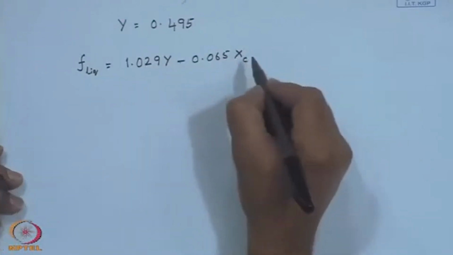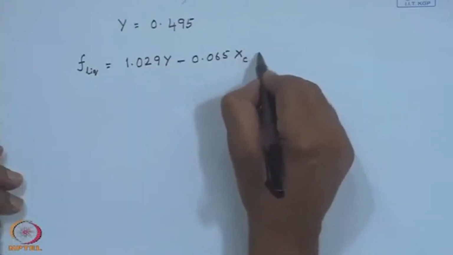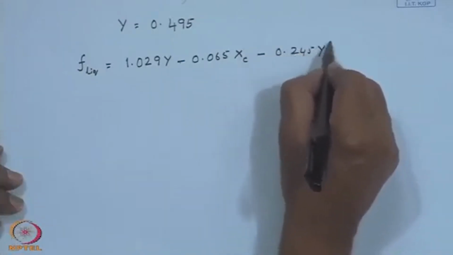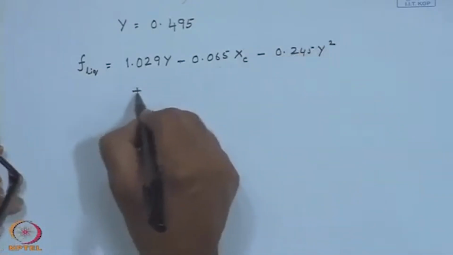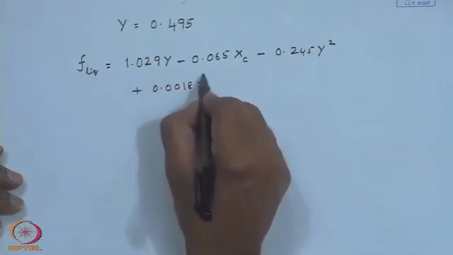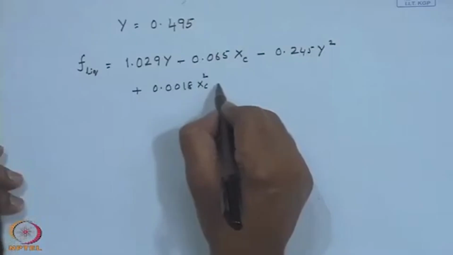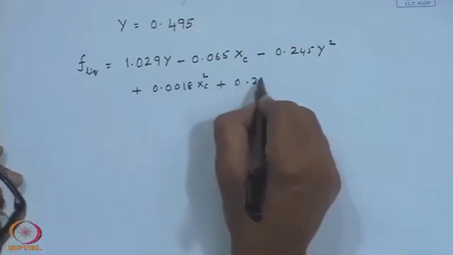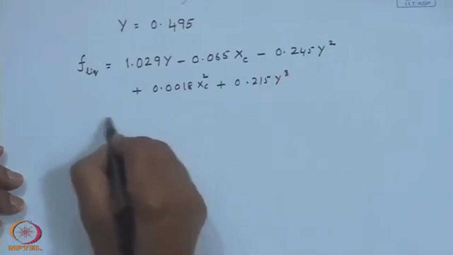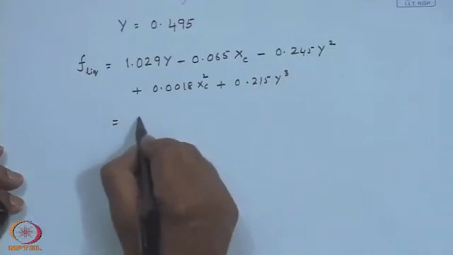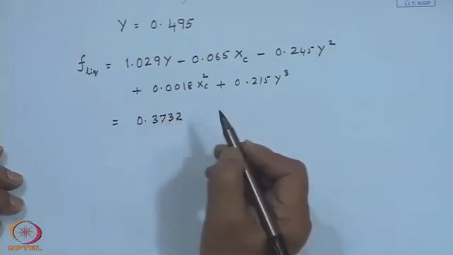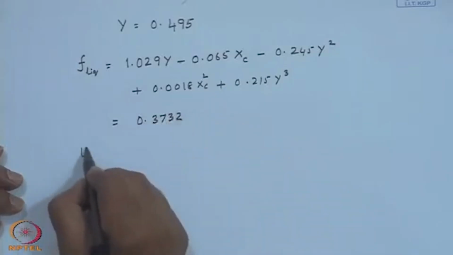Now, I will directly write the x c because I have already corrected, minus 0.245 y squared plus 0.0018 x c square plus 0.215 y cube. So, this comes to be 0.3732.